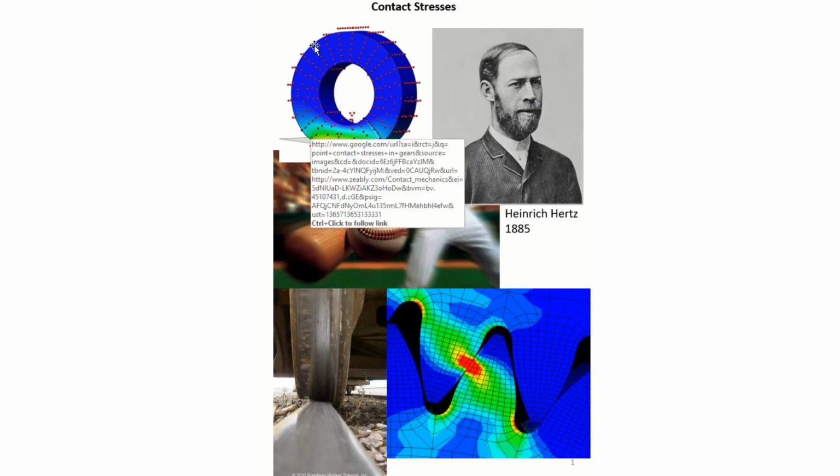I've actually done some work with contact stresses in automobile tires, where we looked a lot at the stresses that develop in the tire and the areas over which those stresses develop. There's also some interesting analysis that can be done with contact stresses in sports equipment.